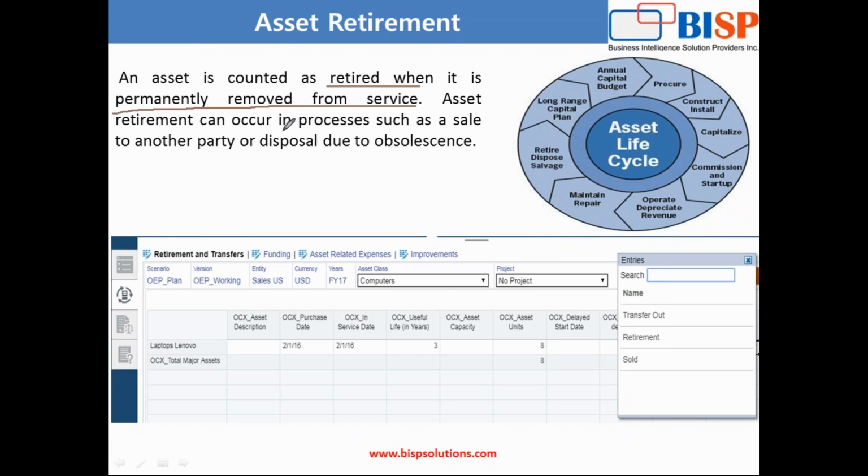Asset retirement can occur in ways such as you can sell the asset, therefore the option sold in your CapEx module, or you can put in a retirement or transfer out. Disposal, disposal due to obsolescence. This is the life cycle of an asset.